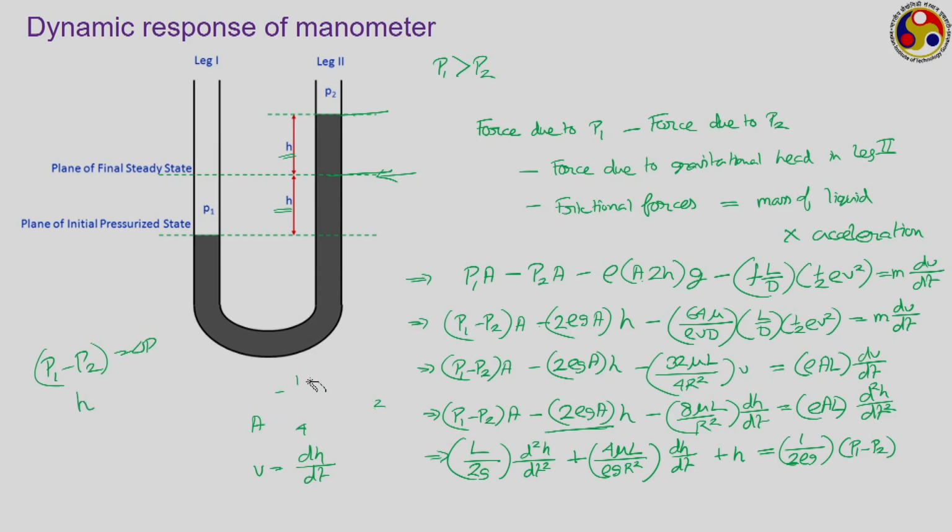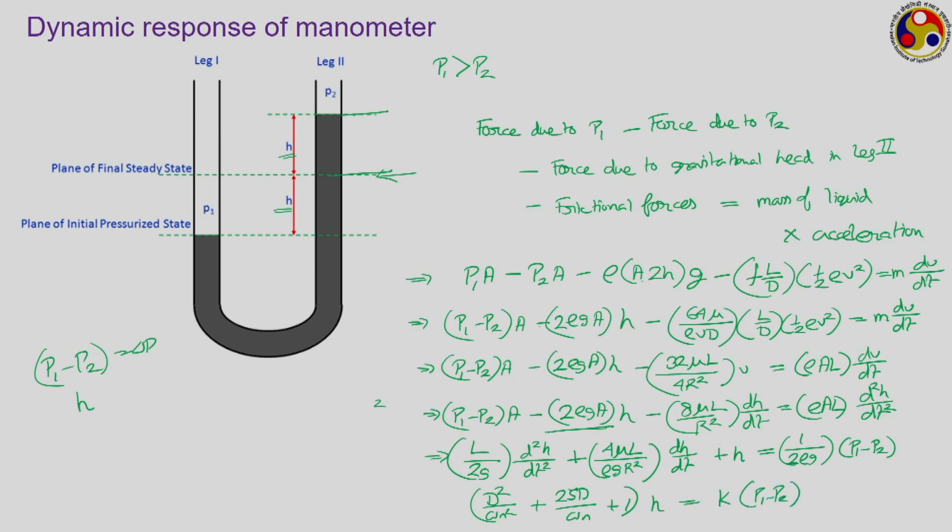If we compare this to the standard form of second order that we derived earlier, what was the form? Do you remember? We had a form of d square by omega n square plus 2 zeta d by omega n plus 1 into H is equal to k into P1 minus P2. Wasn't it the form?